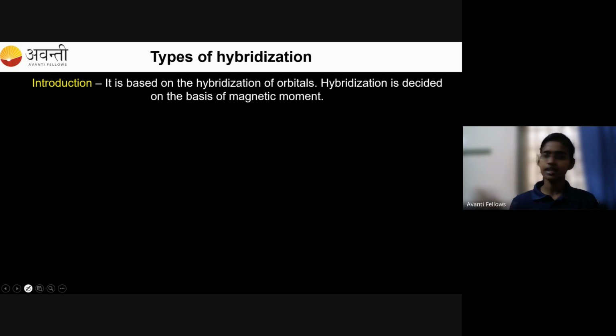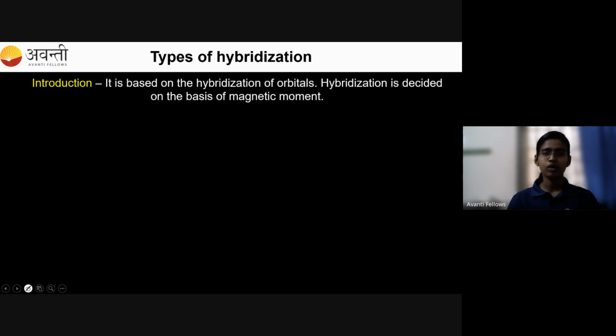This theory is based on hybridization, and hybridization is decided on the basis of the magnetic moment, which is represented by the letter mu. The magnetic moment can be calculated from the number of unpaired electrons present in the system.